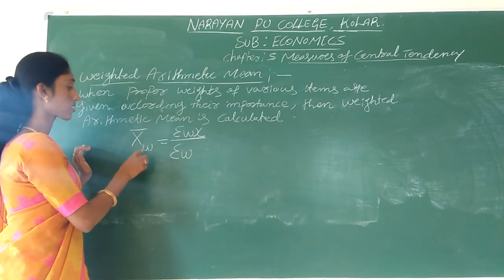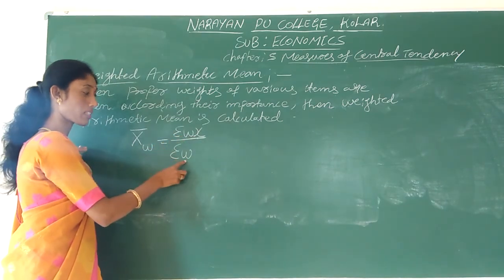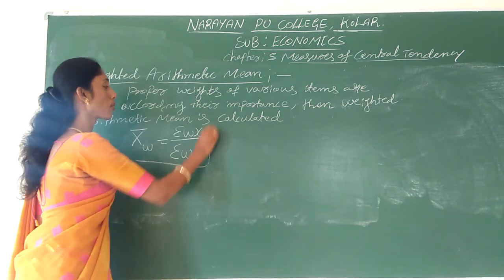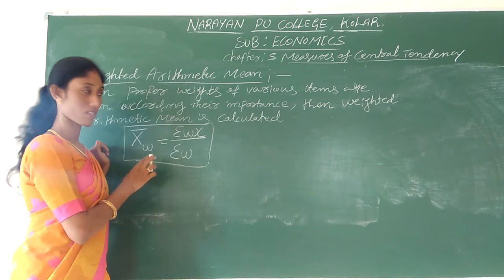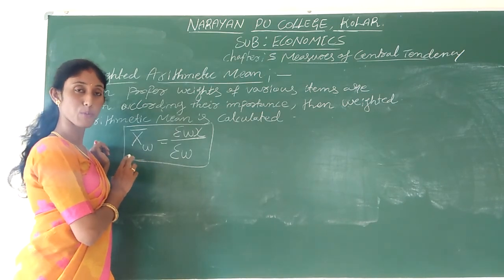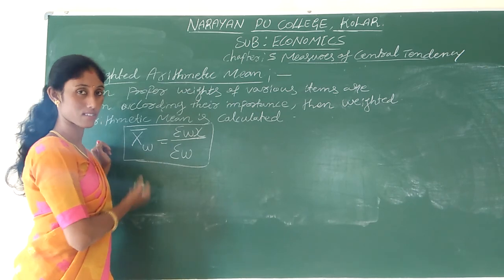Got it? X bar w is equal to sigma wx divided by sigma w. This is only a 1 mark or 2 mark question they will ask. Just know the meaning. No need to calculate this.